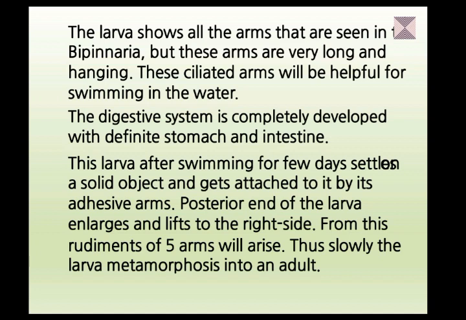But these arms are very long and hanging. So what is the difference from Bipinnaria? The Brachiolaria larva has long arms as compared to the Bipinnaria. Now these ciliated arms will be helpful for the swimming of this larva in the water. So Brachiolaria will also swim in water.